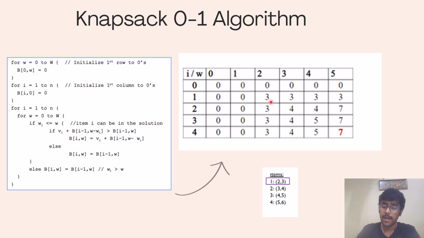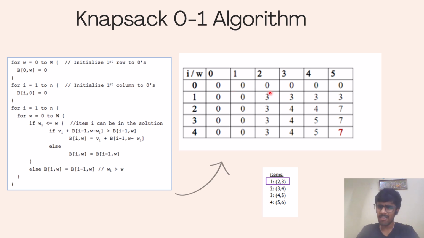It means item 1 can be placed inside a bag of capacity 2 only. Till then I can't place the item. So B[1,1] is 0 since the capacity is 1. At capacity 1 we don't have any items to be placed. So at capacity 2 I have added the first item, and I have placed the profit inside B[1,2].